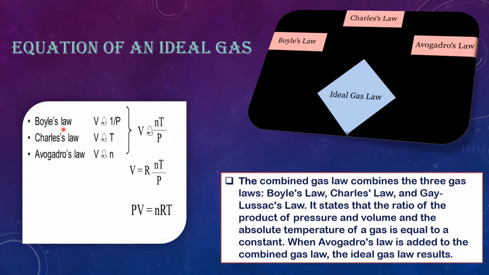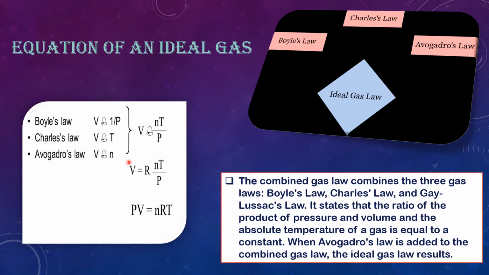Now, in short, Boyle's law is V varies as 1 by P, where V is the volume and P is the pressure. According to Charles' law, V varies as T, where V is the volume and T is the temperature in Kelvin scale. And according to Avogadro's law, V varies as N, where N represents the number of molecules of a gas.